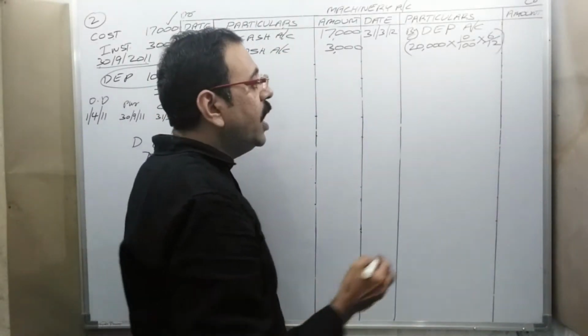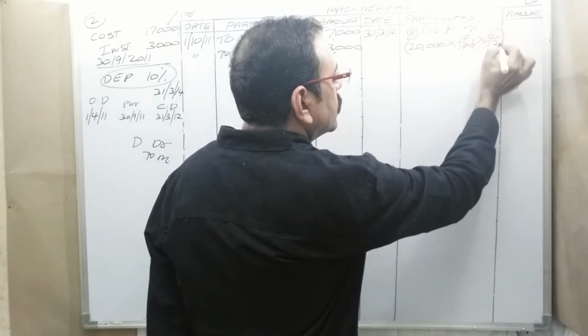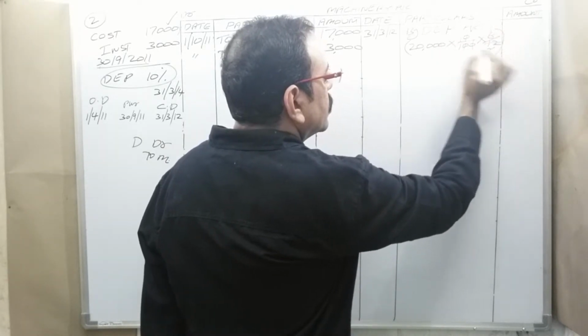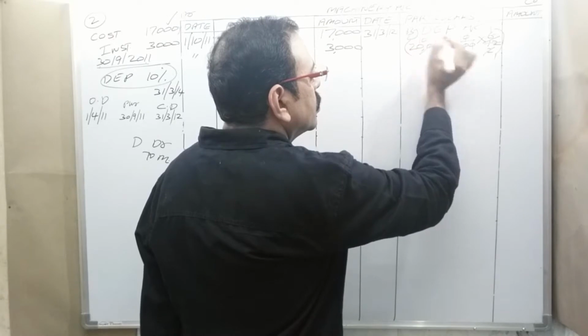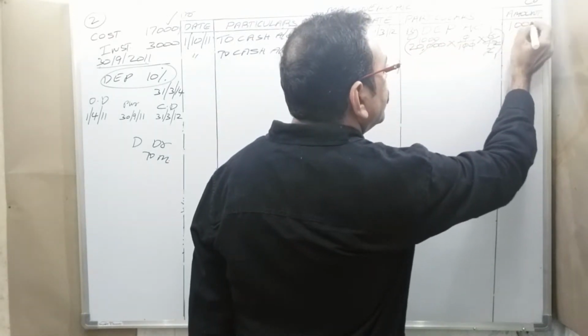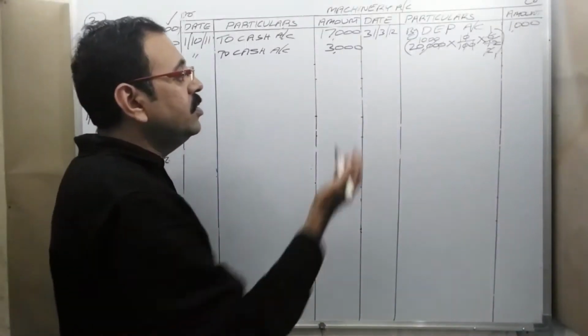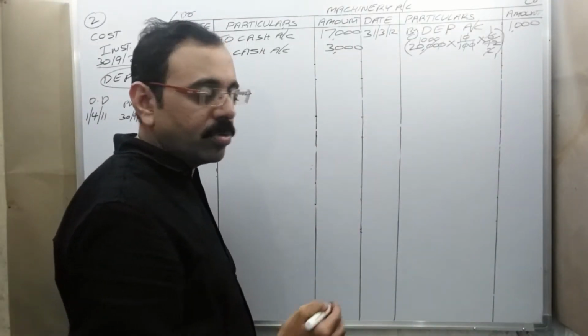Okay? Now, 1,000 rupees is the depreciation amount. Then finally the balance carried down amount.